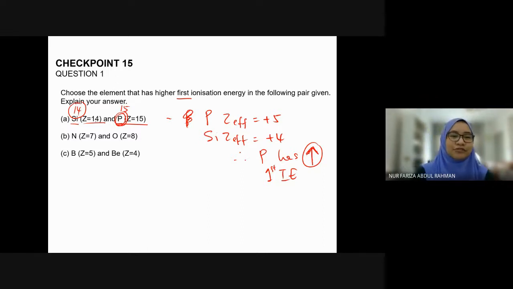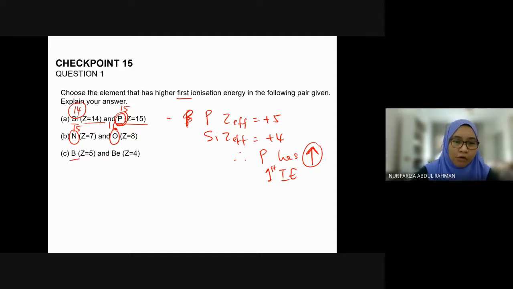Okay, nitrogen and oxygen. This is group 15, this is group 16. This is what we call anomalies. So the best is to explain using an orbital diagram. Show the orbital diagram.